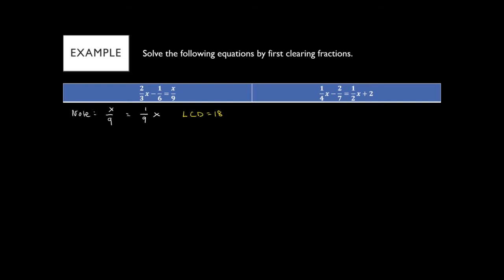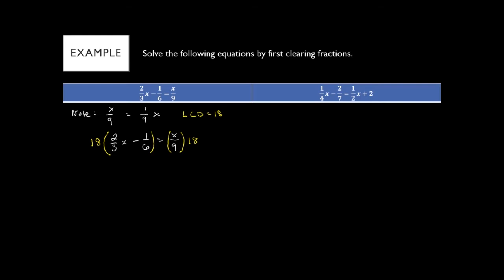So I'm going to start by rewriting the equation so that I can show that multiplication. We're multiplying both sides by 18. And when you have multiple terms, you're going to have to distribute. So it's best to put parentheses around what you're multiplying, because the parentheses indicate multiplication here.